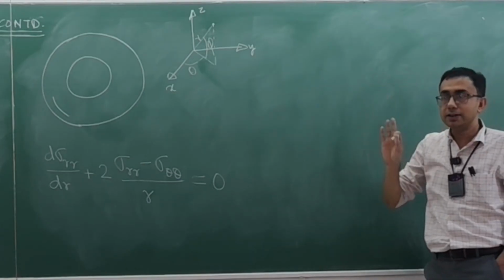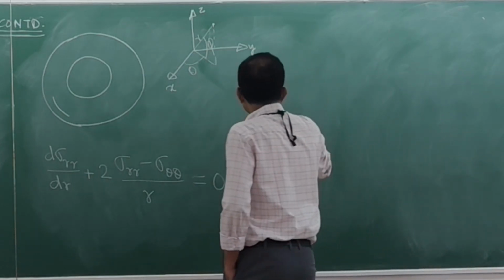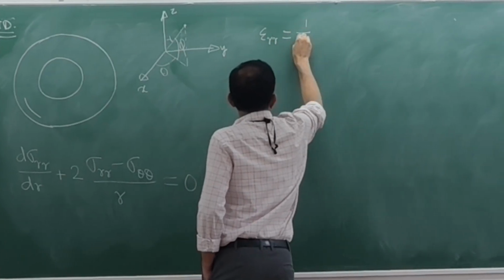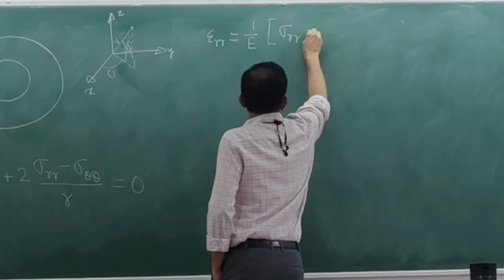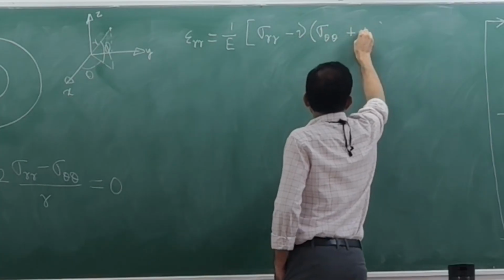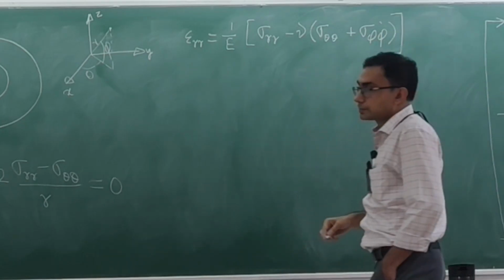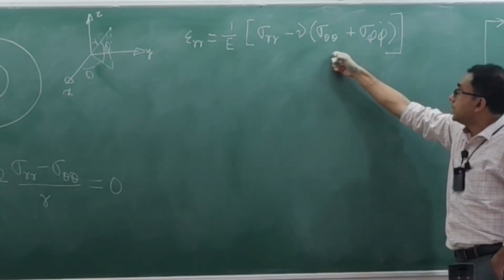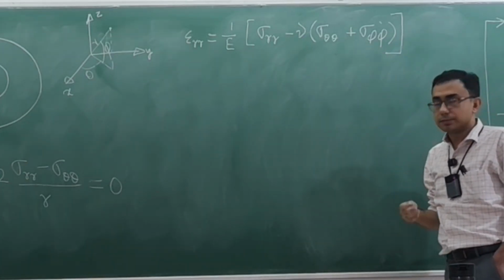So theta and phi are exactly the same things, which means that when you have the generalized Hooke's law, you have this situation, but theta and phi are the same thing. Same thing means they are interchangeable.